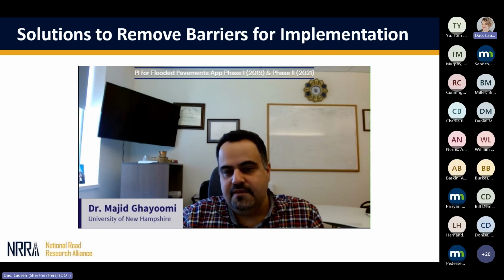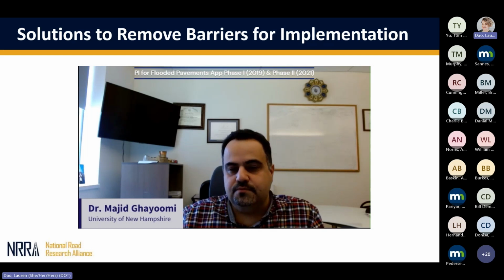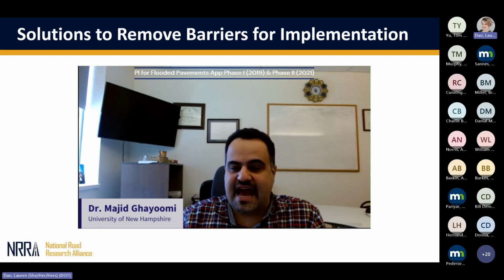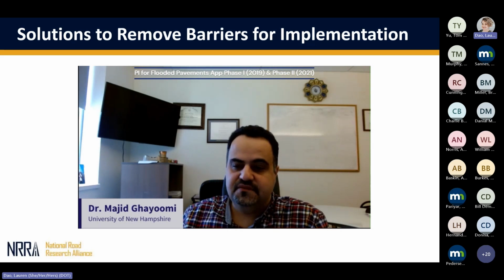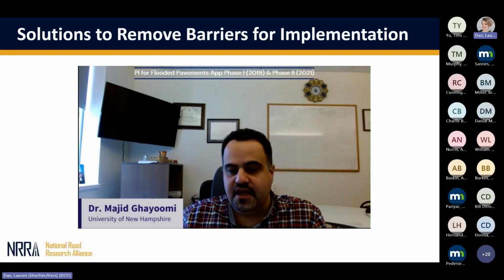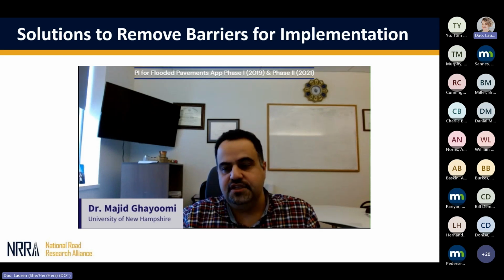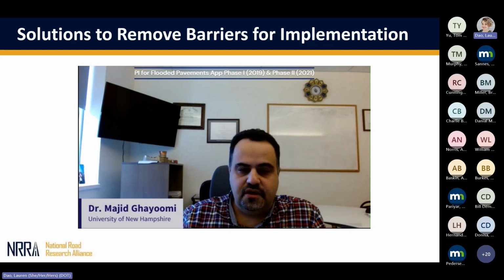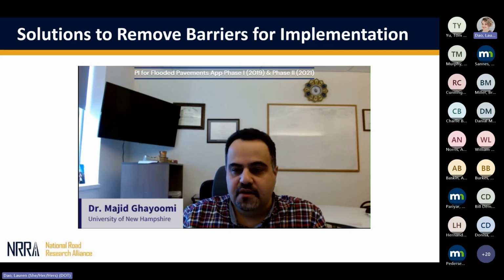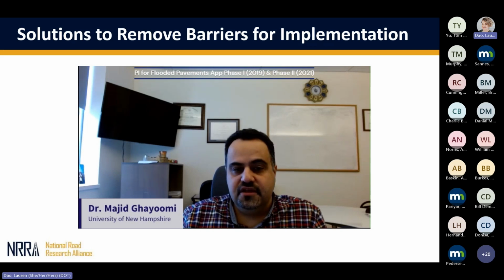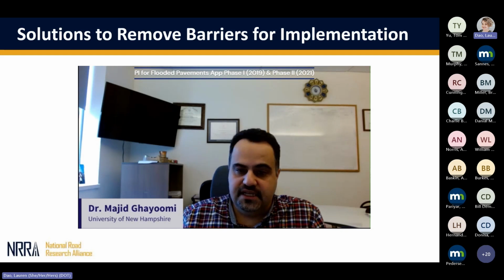But I think maybe through this funding process, if let's say there are different tasks and there's a task of implementation and there's a specific budget for that task, that could be in any form. It could be like traveling to different DOTs or presenting, or organizing a set of webinars, or, I don't know, organizing a workshop. But for each project, 2 things. One, the implementation process should be very clear and specific, even if it's not complete.